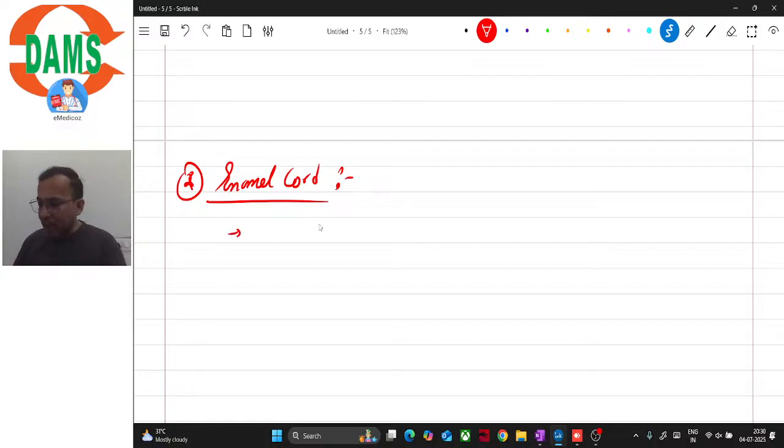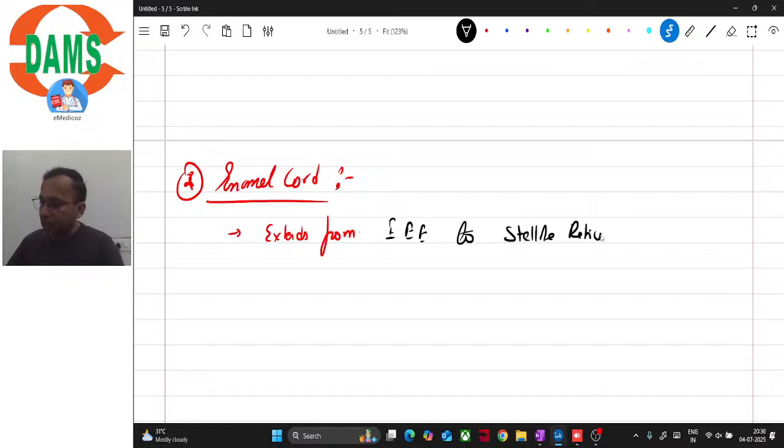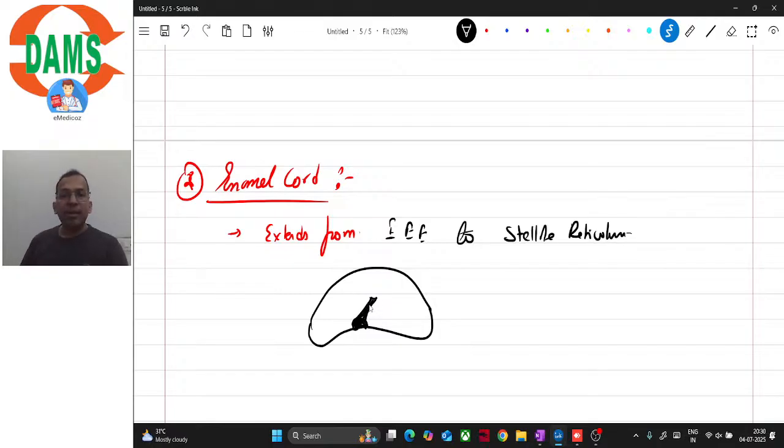So enamel cord basically extends from inner enamel epithelial cells to stellate reticulum. So as we saw, from the inner enamel epithelium or the enamel knot, it extended into the stellate reticulum.